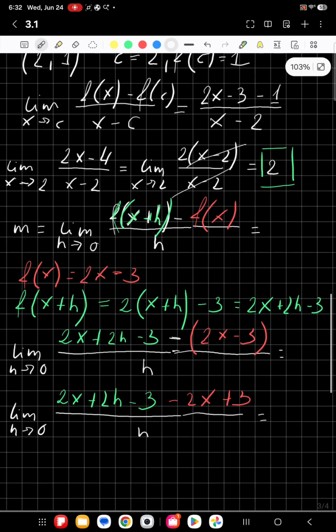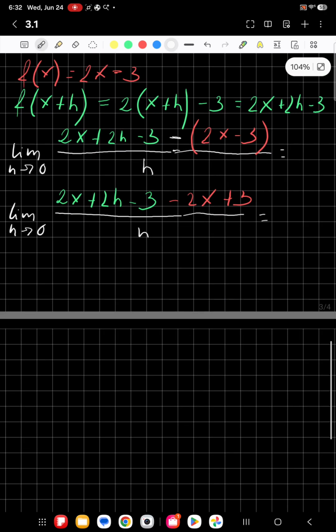I'm struggling again. Oh, here we go. Maybe I need to move it faster. Anyway, I think I can fit it here. So the limit with h approaching 0, and let's cancel what we can cancel. So these two are gone. Negative 3, positive 3.